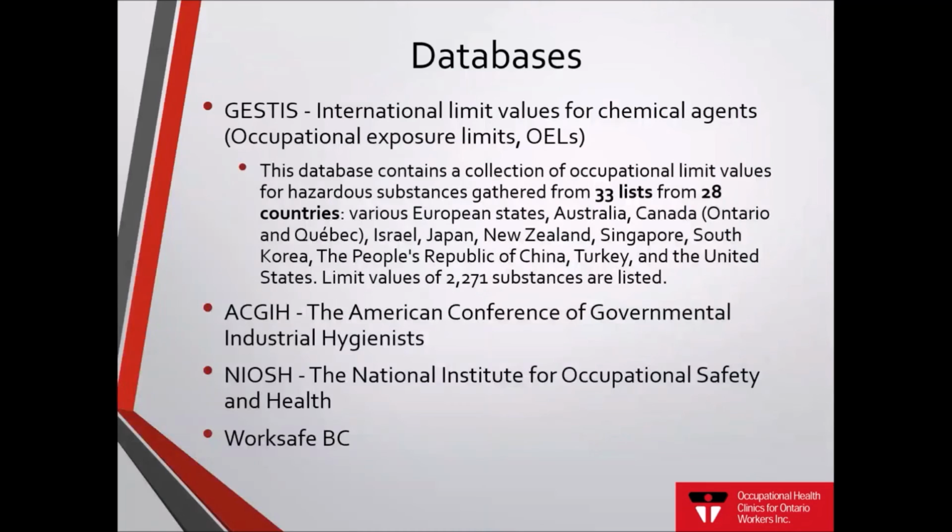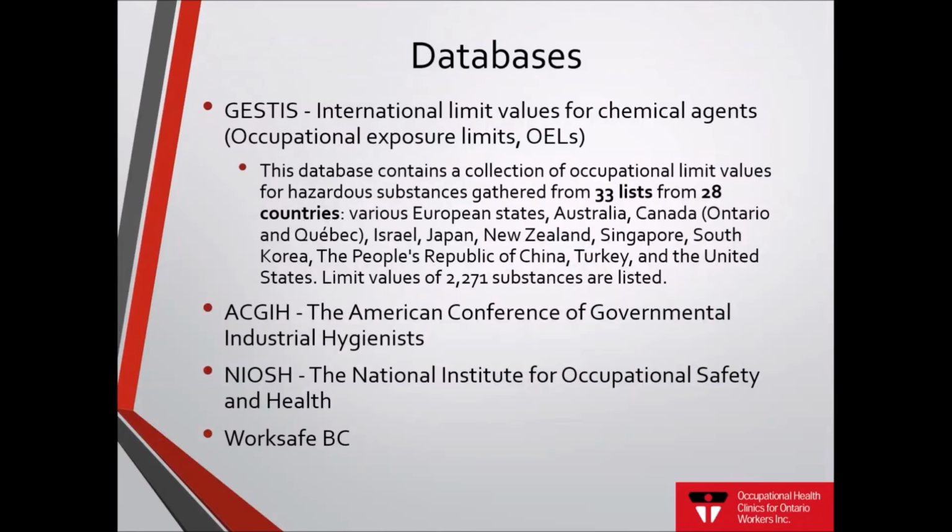So the database that we reference, there's a few, but the main one is GESTIS, the International Limit Value for Chemical Agents. This database contains a collection of occupational limit values for hazardous substances gathered from 33 lists from 28 countries. And some countries might have more than one institute for occupational limit values.